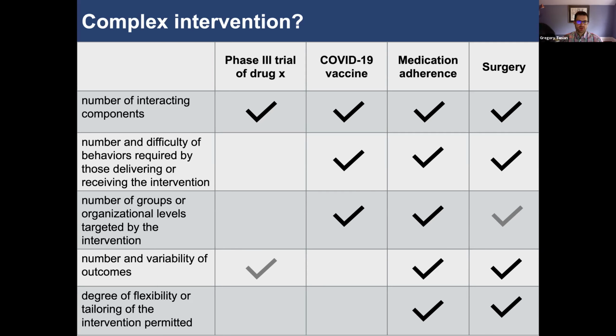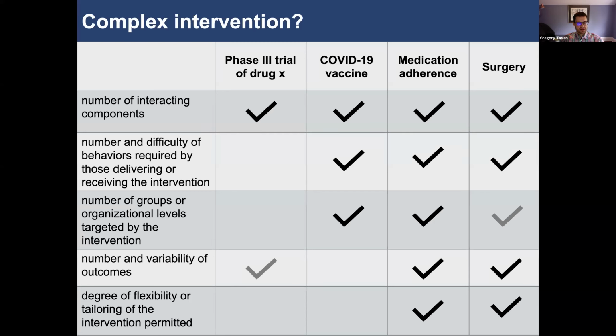But I would propose as a way for initiating this conversation that a phase 3 trial of drug X, especially if it's compared to a placebo, would be the simplest intervention in that there are very few interacting components except for the patient characteristics and the disease severity.